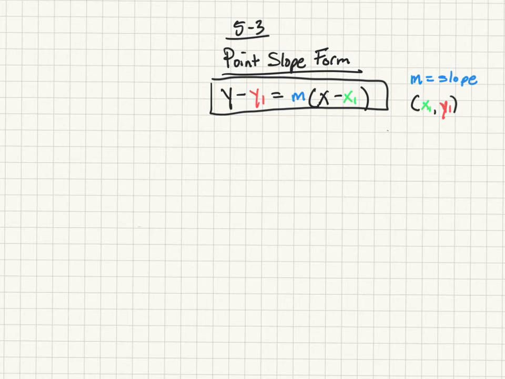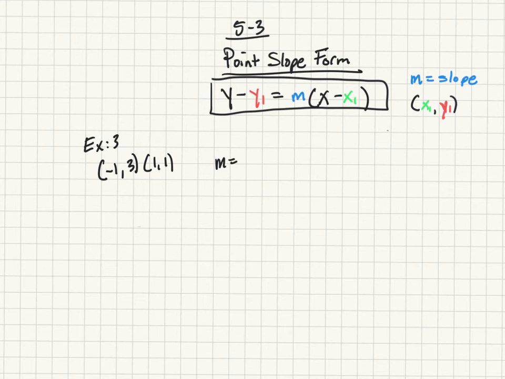And the last example we're going to do today is example 3 in your book. In this one, they give us just 2 points. We have -1, 3, and then 1, 1. So the first thing is we need to find the slope.